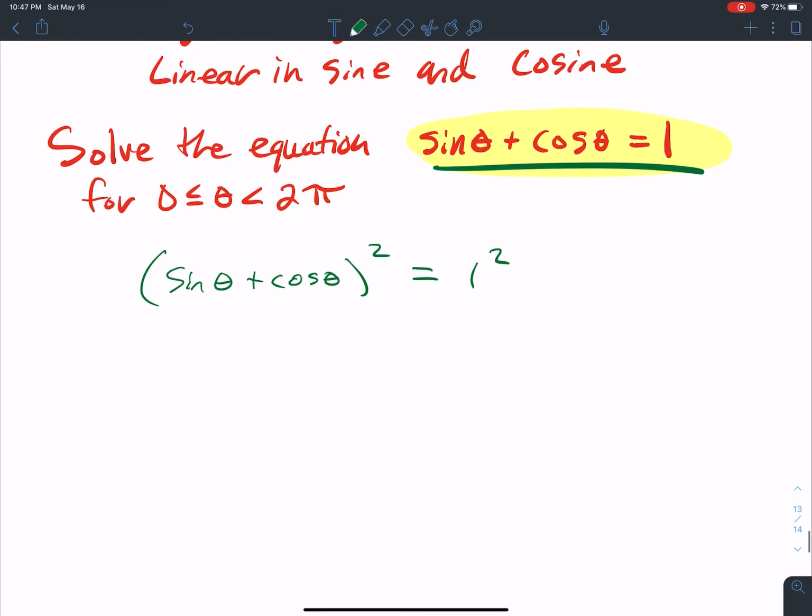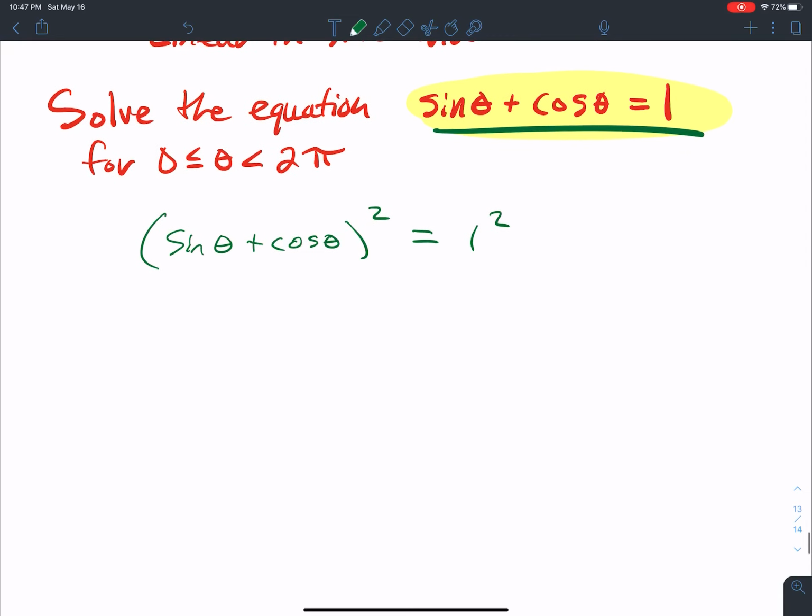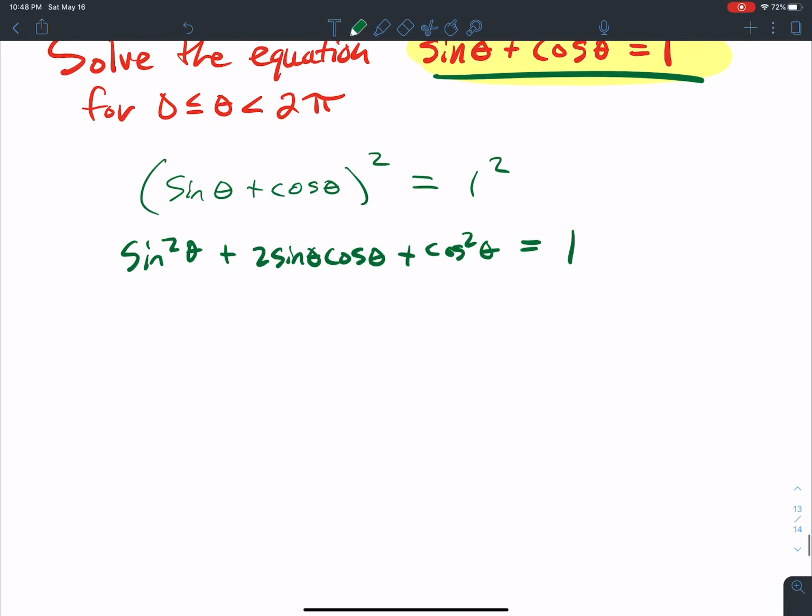Okay? So I'm going to square here. That way I can get some sine squares and cosine squares and maybe something to pop out. So this gets me sine squared theta plus 2 sine theta cosine theta plus cosine squared theta equals 1. Now, sine squared and cosine squared, that's really useful.